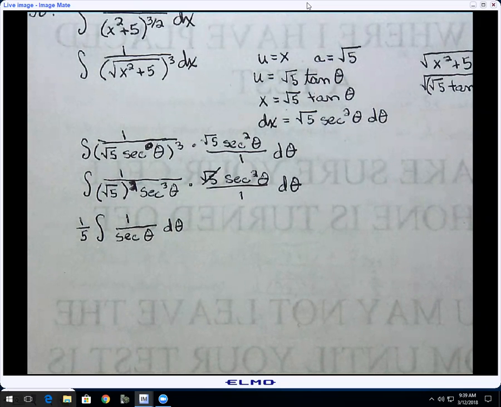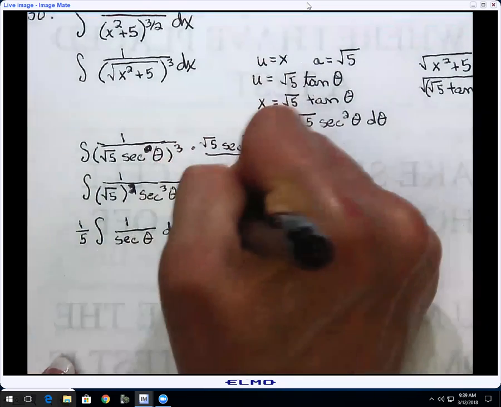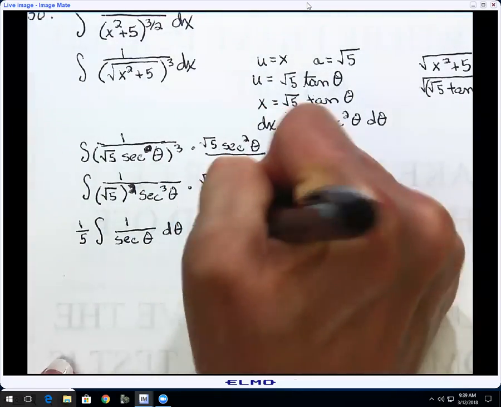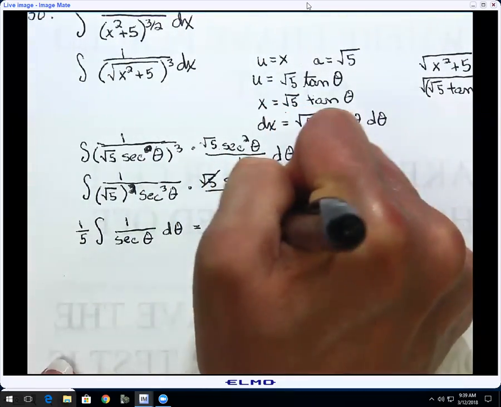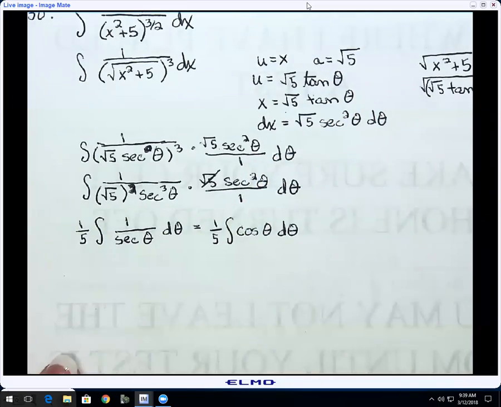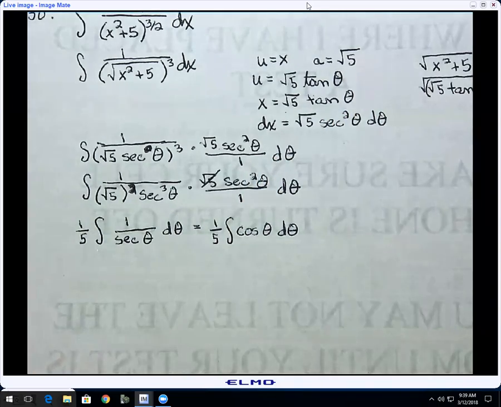How do I integrate 1 over secant theta d theta? Is that something I know, or does it take some magic? It's something I know. I don't remember where I learned it.